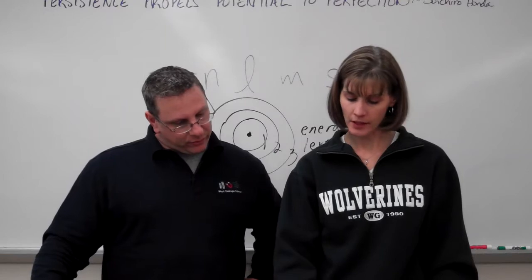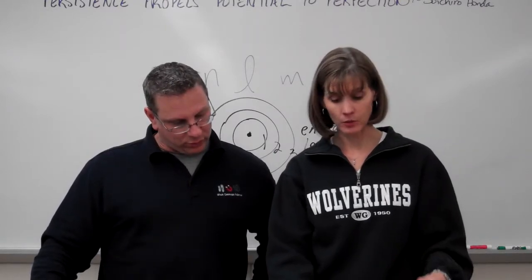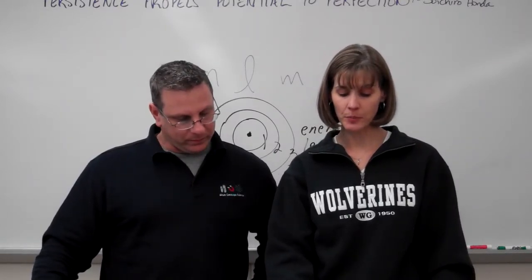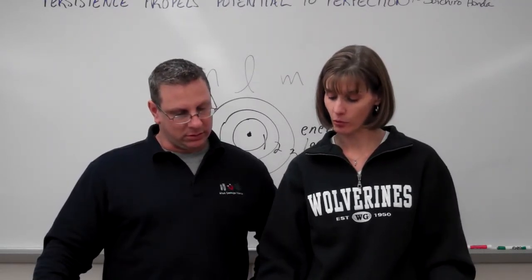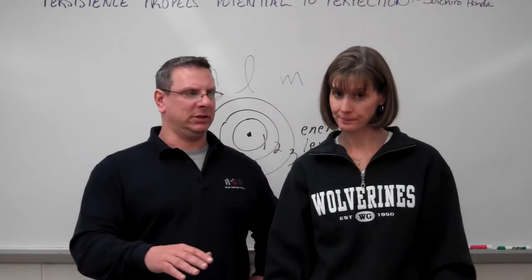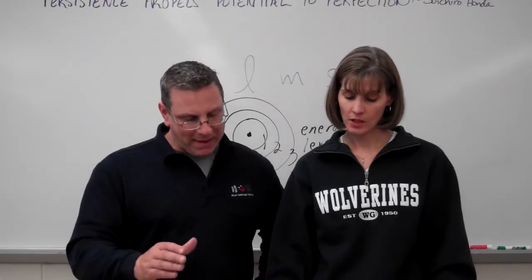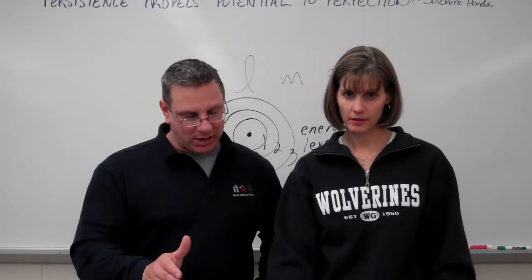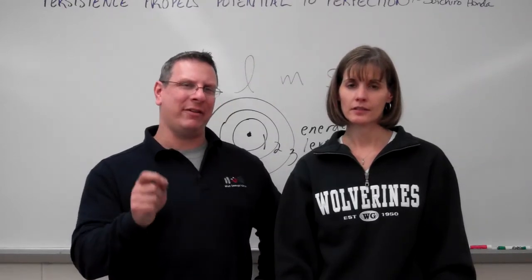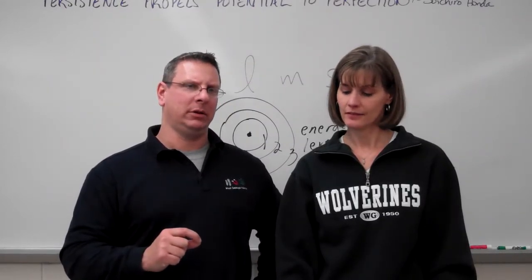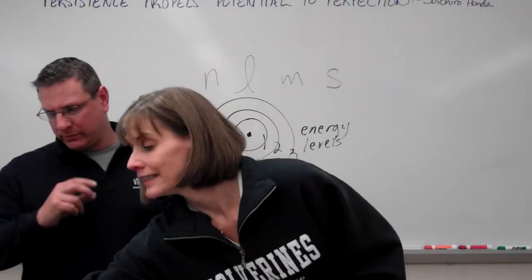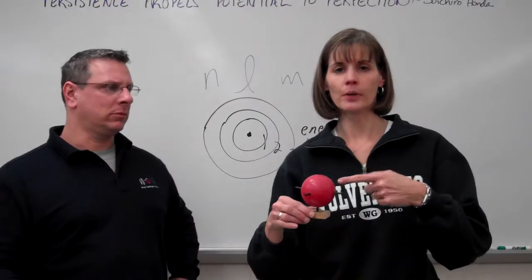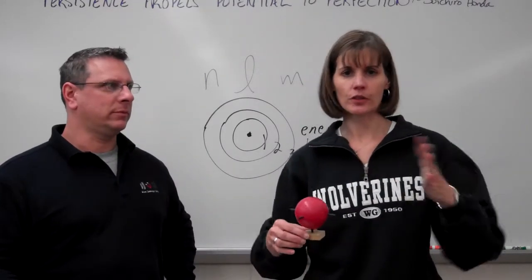Alrighty, hint 25, which is test question 5. The maximum number of electrons in a given orbital type. So how many electrons can fit into any one orbital? We've talked about this for the entire week.